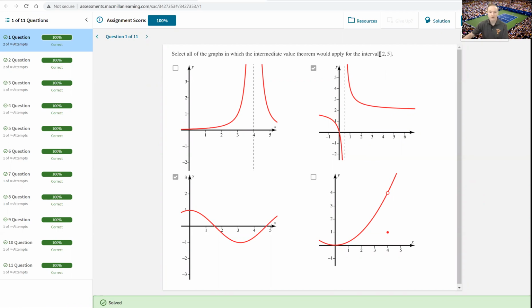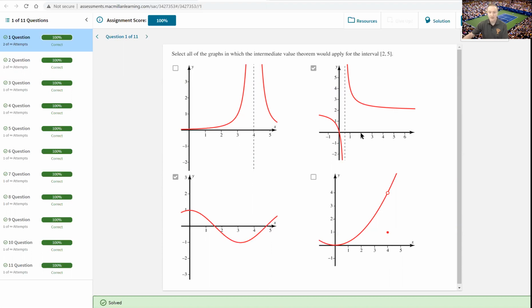So, looking at the interval 2 to 5, this first one is not continuous, so I can't use the intermediate value theorem on that problem. You see, I have the second one selected. Why? Even though it has a discontinuity at x equals 1/2, that's irrelevant to the region that I would be using the intermediate value theorem on. On the region from 2 to 5, that's a nice continuous curve.